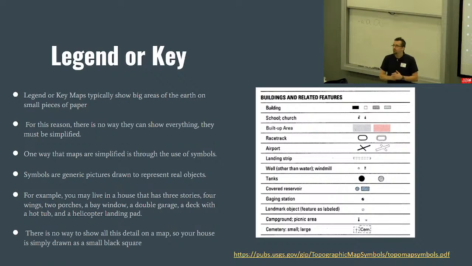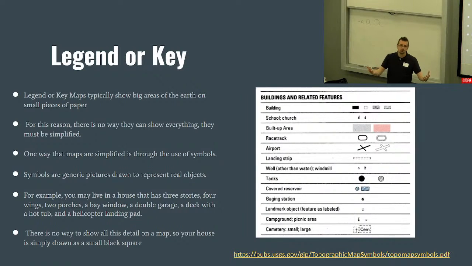All right. So yes, it tells you that the symbols are generic pictures drawn to represent real objects. So you might see the symbol of a cross for a church, or you might see the symbol of train tracks for a train depot, and it will give you an idea of what is there and usually be somewhat intuitive. So, all right. Typically, you cannot show everything on the map. That is something that we touch on here on the slide. You may be in an area where you know your house is there, but you can't exactly map your house. I mean, you could.